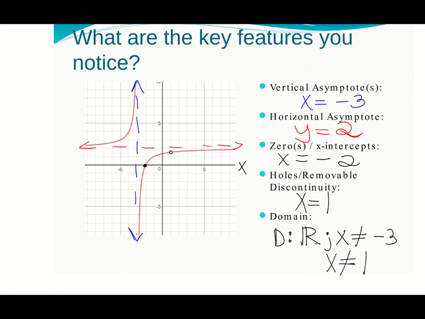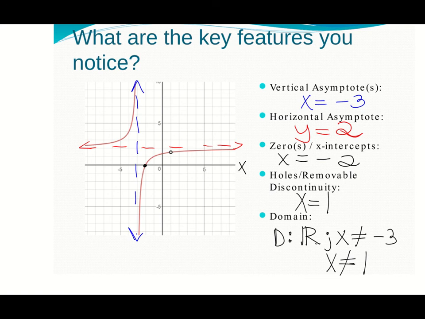So anytime we're looking for domain, we want to look at the x value of our hole and our vertical asymptote to help us define this. So for this graph, our domain is going to be all real numbers, except x cannot be -3 and x cannot be 1.